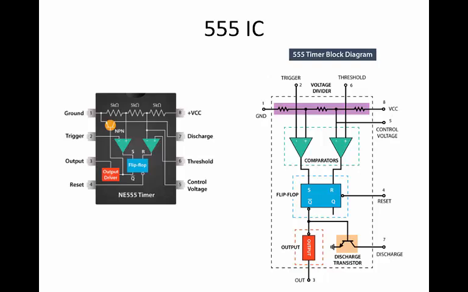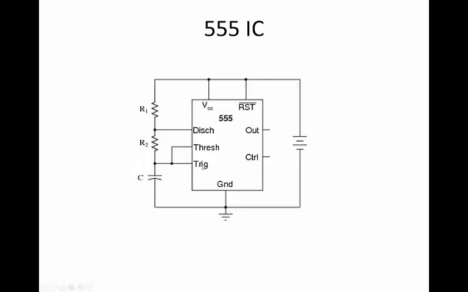For our purposes now, you can ignore all of the circuitry inside the IC and just realize that to control the timing of how often it turns on and off, you can adjust the resistances and the capacitances that attach to the trigger and the discharge. So adjusting R1, R2, and C can control the timing of the 555.